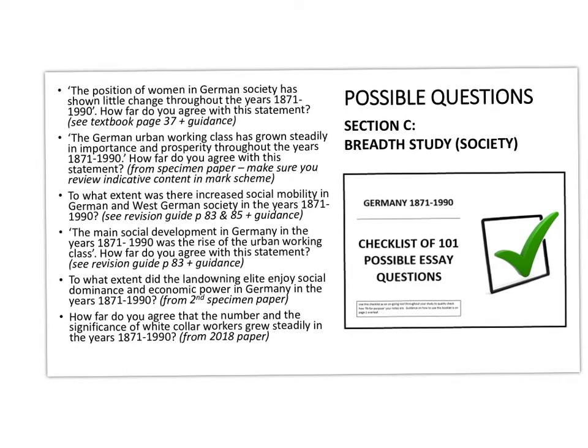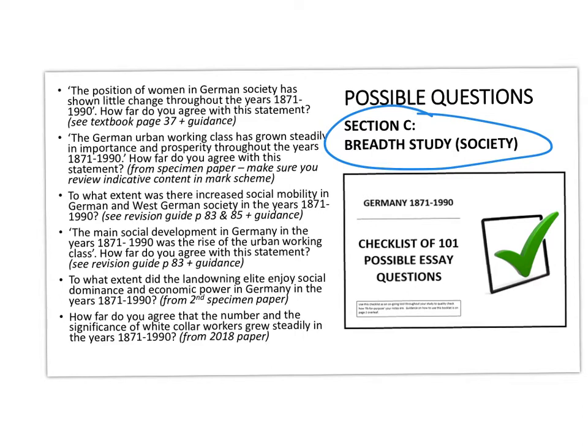But the main reason we're doing these three lessons, where it's absolutely essential, is section C, which is the breadth study. You remember the breadth study has two questions on the paper. Usually one of them is on the economy, covering the whole 120 years, and the other is usually on society, covering the whole 120 years.